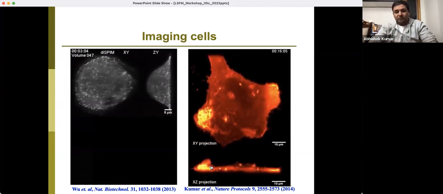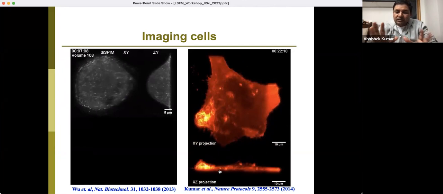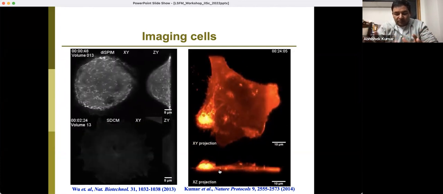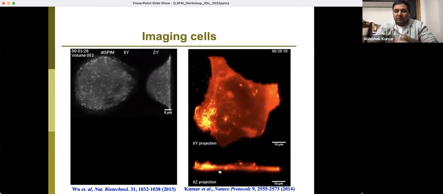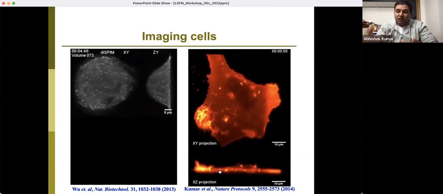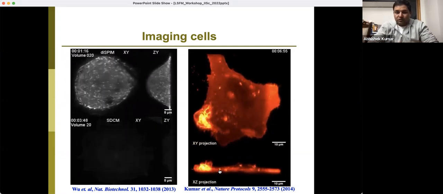Basically, you can capture all this membrane ruffling. I'm not going to go into details, but I don't know how many of you are cell biologists or developmental biologists in this audience. This is just to show how some of these implementations have enabled us to capture what was not possible otherwise.